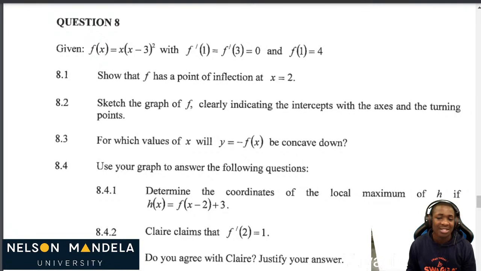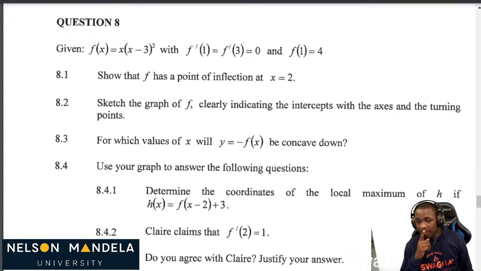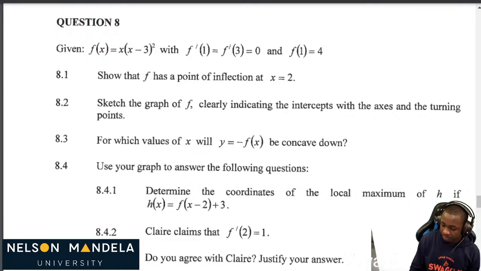When f prime of x is equal to 0, we are determining the stationary coordinates. So f prime of 1 is 0 and f prime of 3 is 0, which means there are stationary points at x equal to 1 and x equal to 3. You're also given that f of 1 is equal to 4, and you're also given f of x. Now, let's go to our questions.